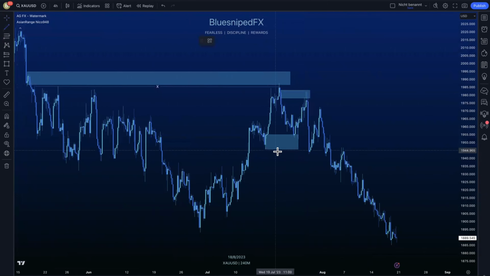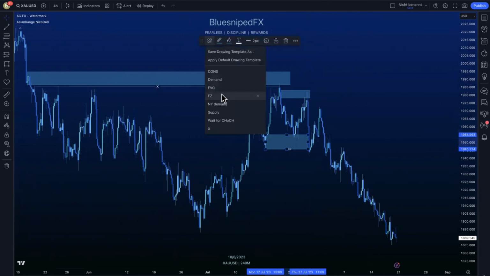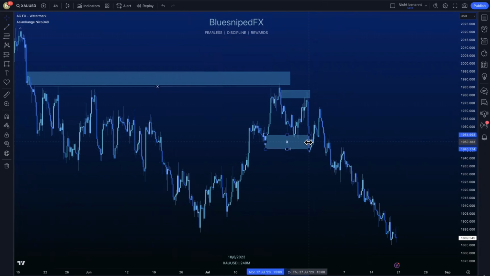So further on, we see, okay, now this demand level, as I mentioned, got broken. So we can call this a break of structure here of the last valid demand, right? We reacted first off it. Now it failed. So we can also put an X into this demand.